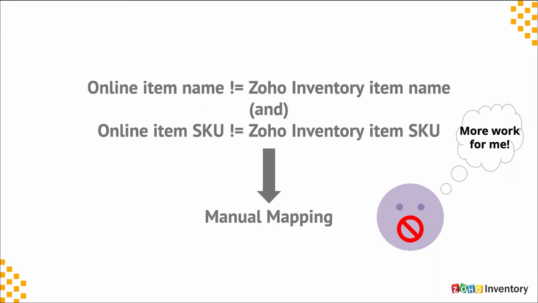If neither the names nor the SKUs are the same across channels, then you will have to sit down, sift manually through hundreds of SKUs and map the incoming item with the right item inside of Zoho Inventory. This is actually a pain despite our efforts to make this process easy and straightforward.